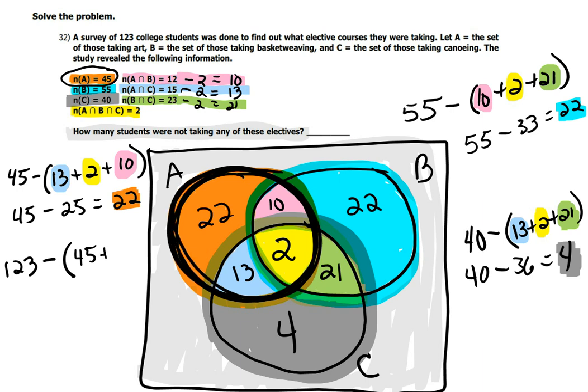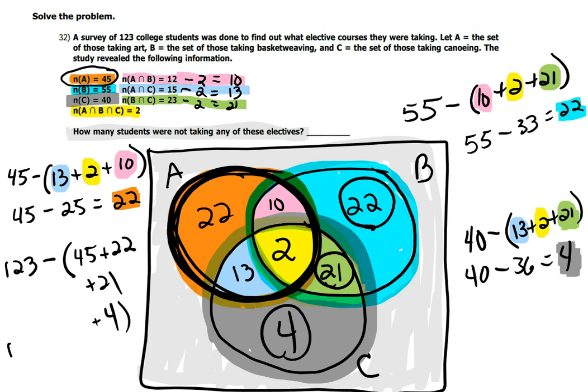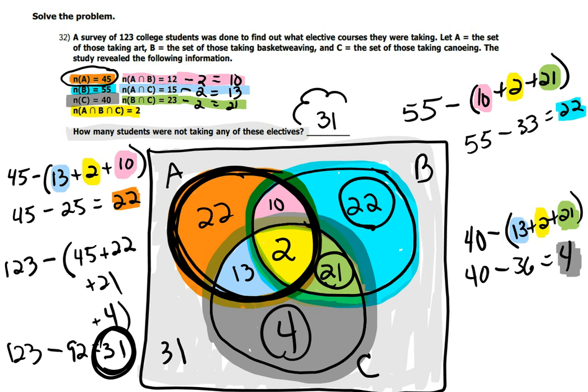And then I would need to do the 22, which is this number, plus the 21, which is that number, plus the 4, which is that number. When I add all that up, I get 92. So when you take 123 minus 92, you get 31. And that is out here, which is the answer that we're looking for.